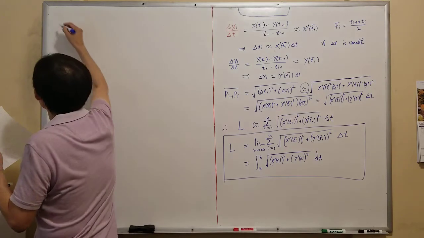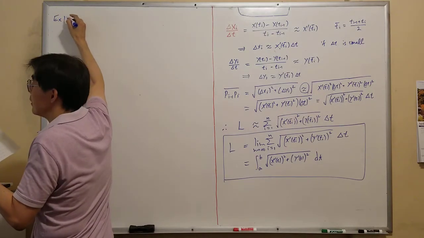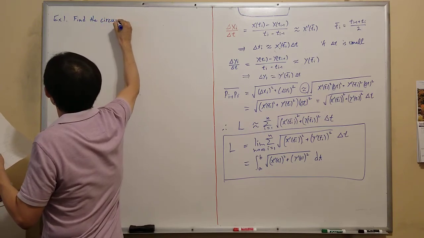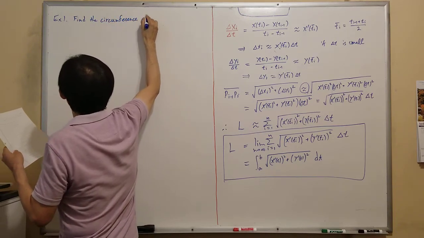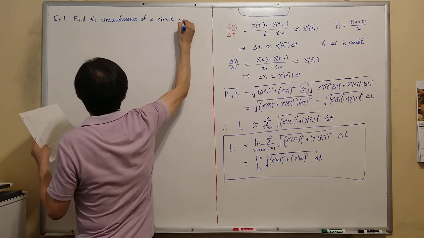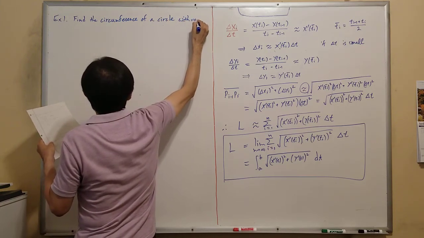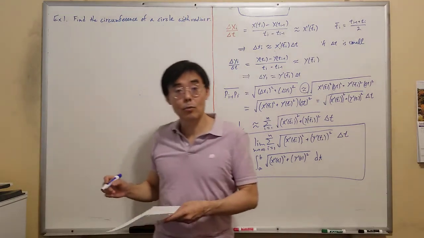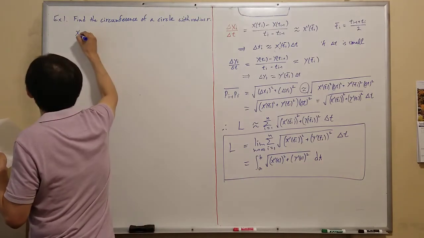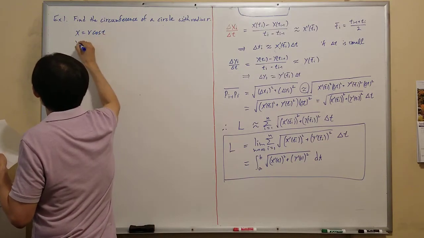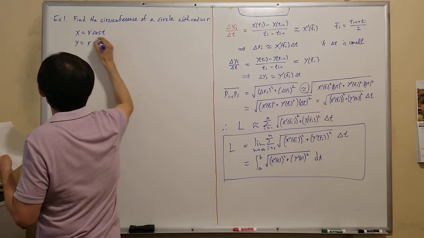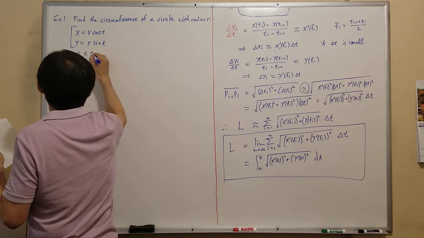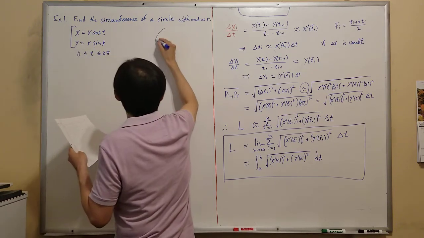Okay? So let's find the circumference of a circle with radius r. In section 1.7, we learned that the circle can be parametrized like this, with t being 0 to 2 pi.